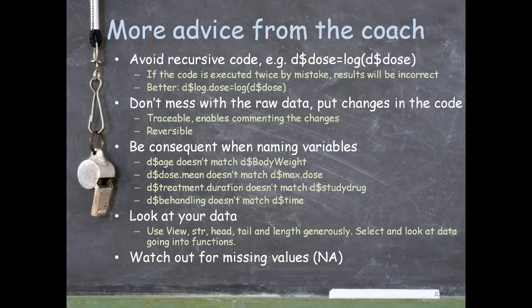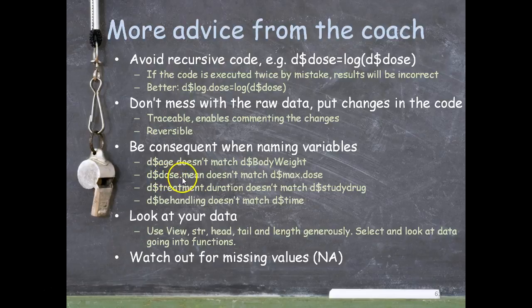And you can also write comments as to why you made the changes. Since you don't normally see the names of the columns in R, I recommend that you use names that are sort of congruent so that they are easy to remember. For example, if you write $age with a small a, then it's not a good idea to write body weight with capital letters here, because it would be difficult to remember which ones were spelled with small letters and which ones were with capital letters.